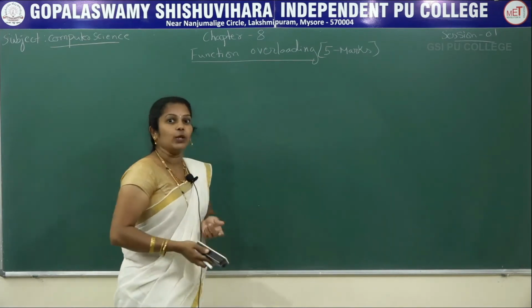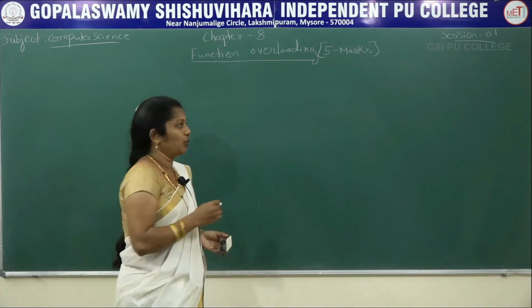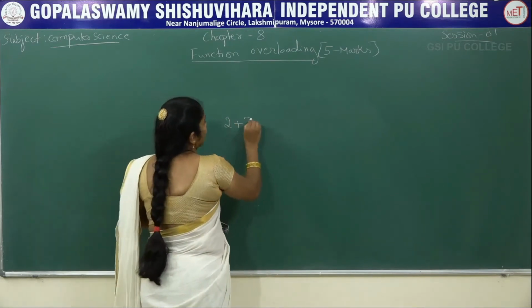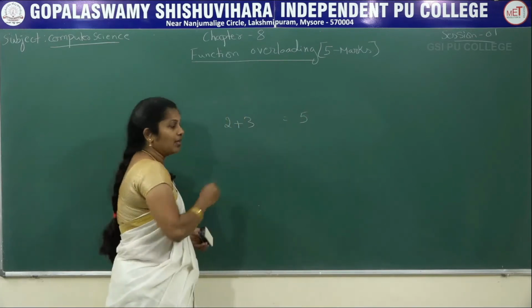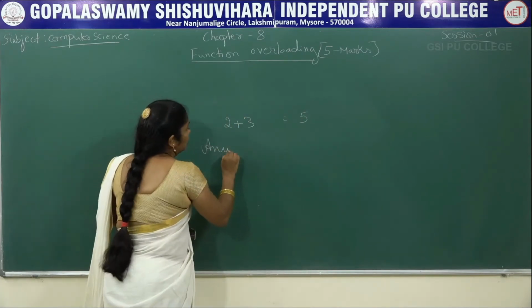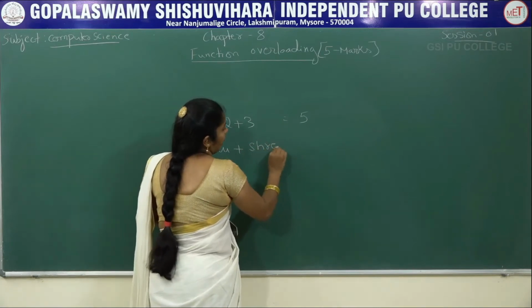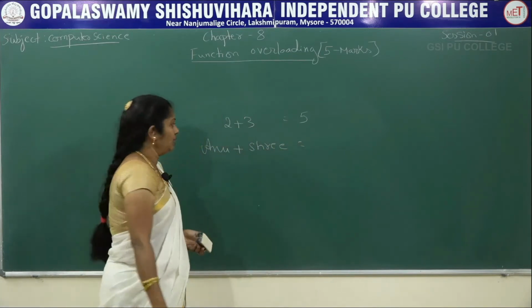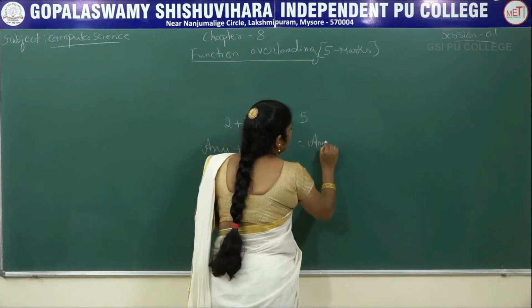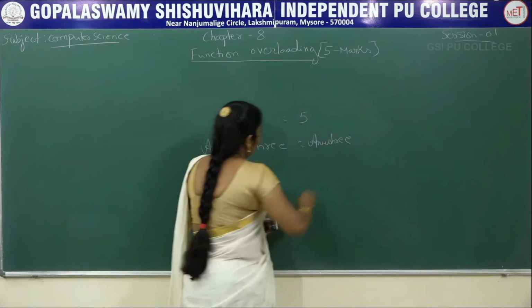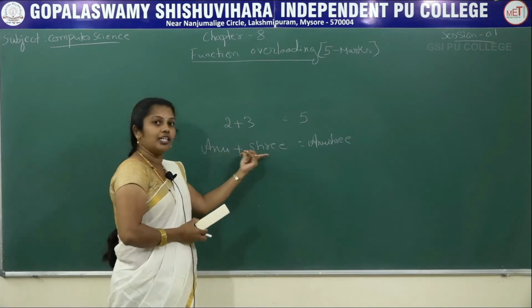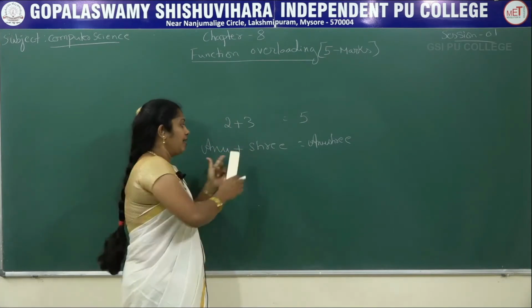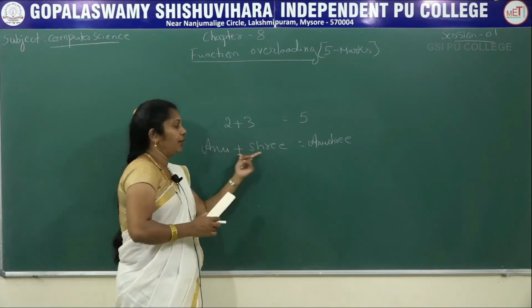Then why do we require function overloading? I am going to give an example. If I write 2 plus 3, what answer will we get? The answer is 5. For example, if I write Anu plus Shri, then the final output will be Anushri. In both cases I use plus, but here it is adding, whereas here it is doing concatenation, depending upon the type.